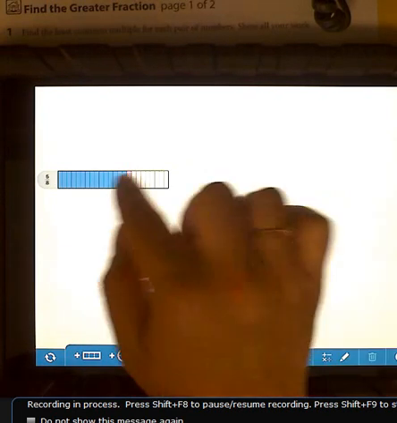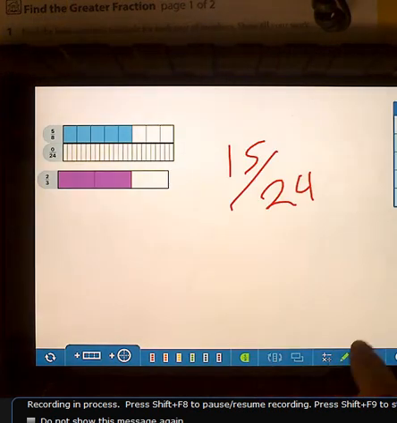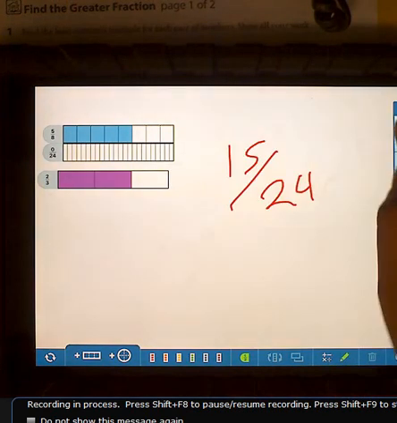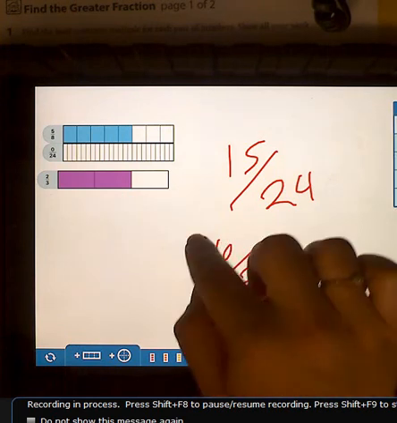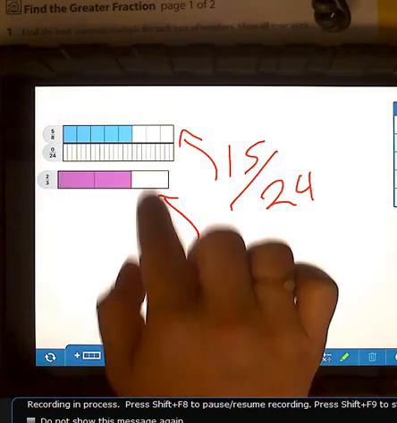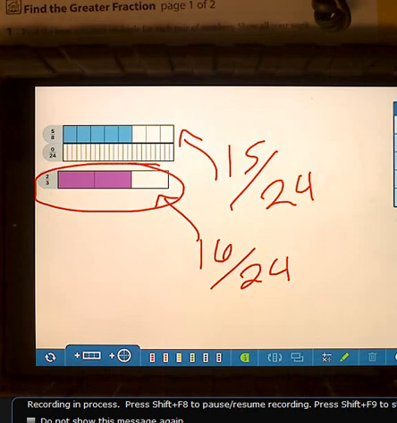So if that one was 15/24, then this one would be 16/24 for this one. And I can see that this is the bigger fraction as well. So they can do all of this. There's a web-based app, so you just click on the Fractions app, web-based, and once again, that's in the Math Learning Center. So that's a great resource for them to use if they're needing a little bit more of a concrete picture to help them with that. If you have any questions, just let us know.